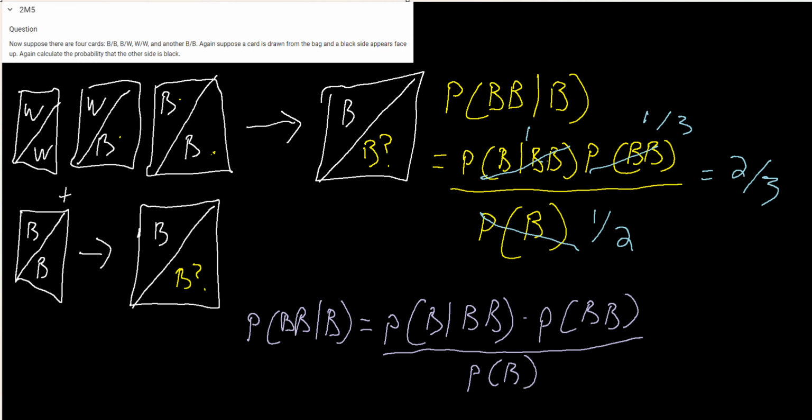Okay. So again, the likelihood of a black side being face up, given that we've drawn one of the black, black cards, well, this is just 1 again.